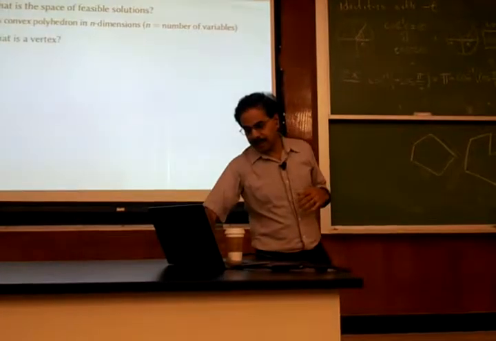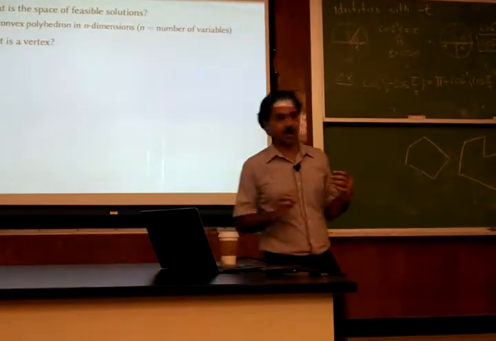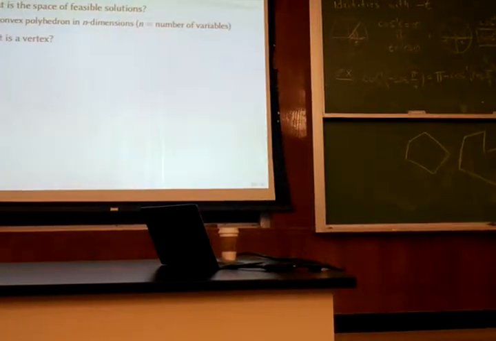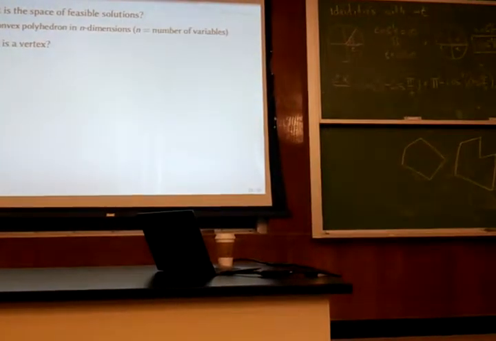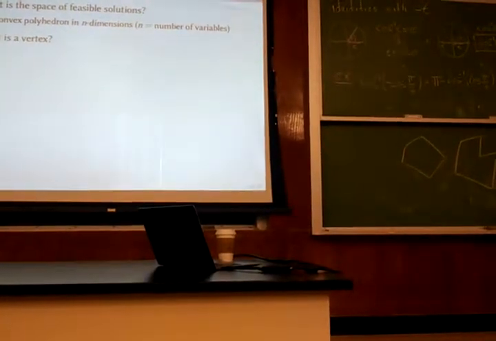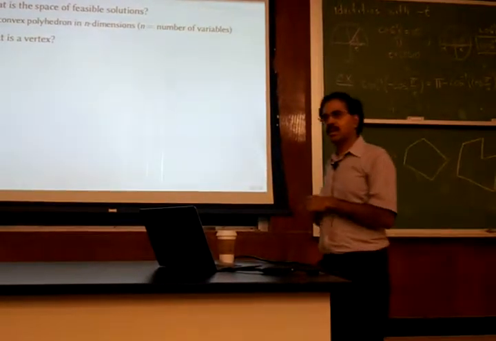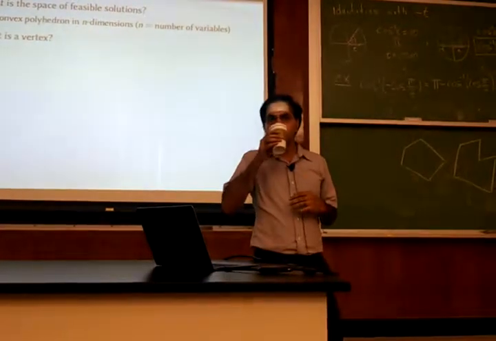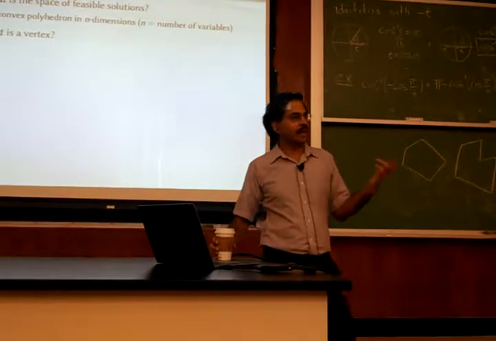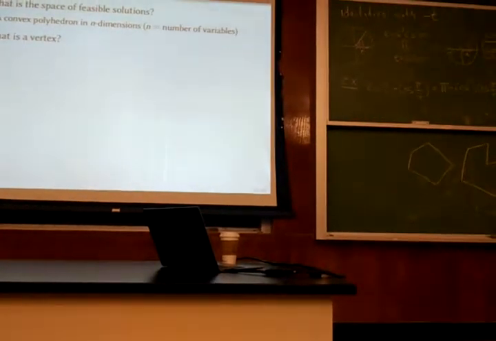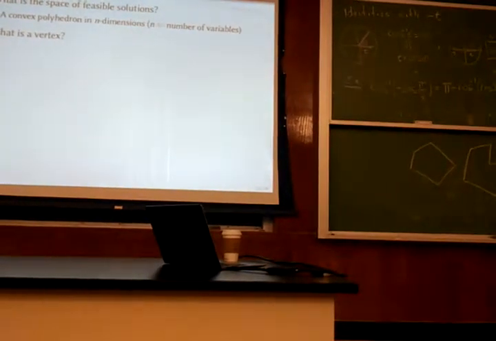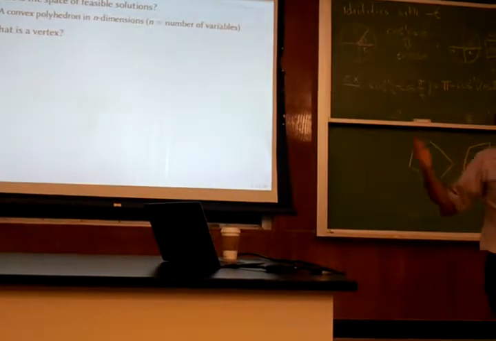Now let's try to understand a few things. What is a line? In n dimensions, what do we mean by a line? How can we understand this? What is our only tool for understanding multiple dimensions? Coordinate geometry.